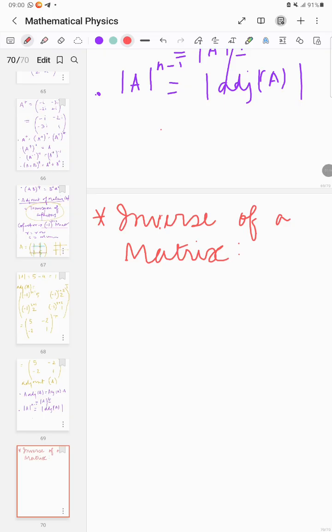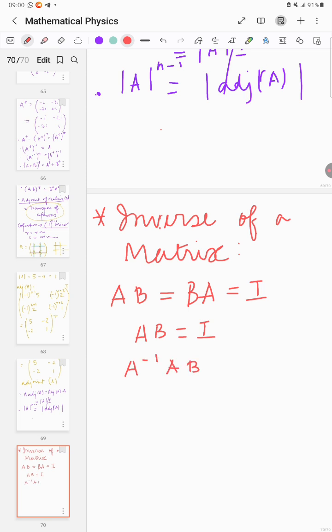So consider two matrices such that AB is equal to BA is equal to I. Okay. So what does it mean? That AB is also equal to I, right? Now, let us multiply A inverse from the left hand side of this equation.